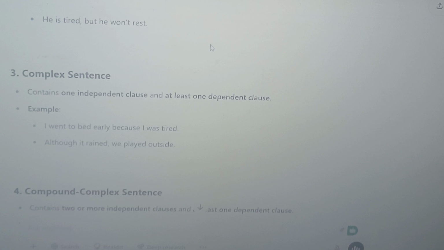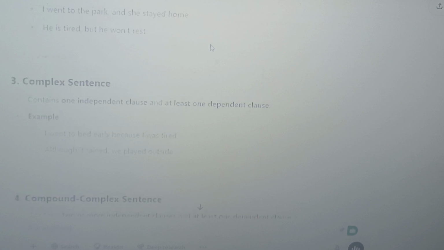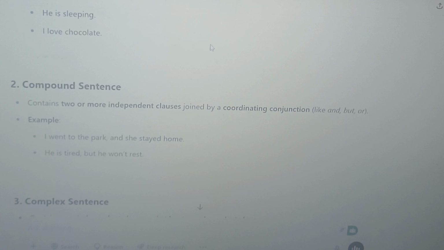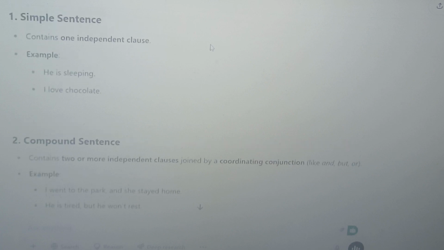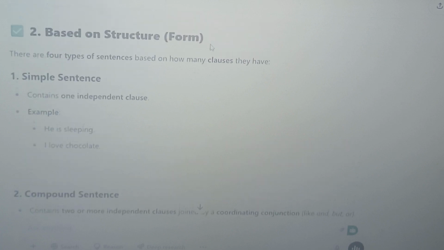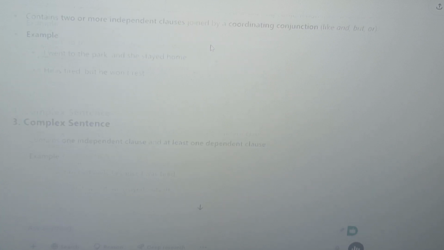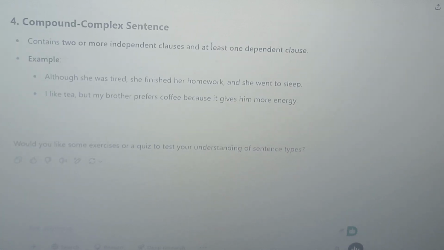Complex sentences contain one independent clause and at least one dependent clause. Compound sentences contain two or more independent clauses joined by a coordinating conjunction like and, but. And simple sentences contain one independent clause. So there we conclude our basic introduction to English grammar.